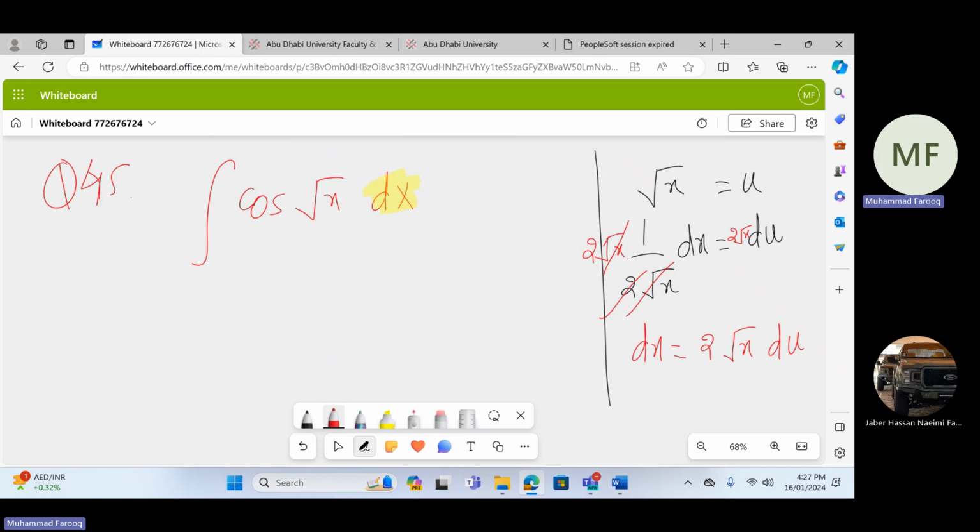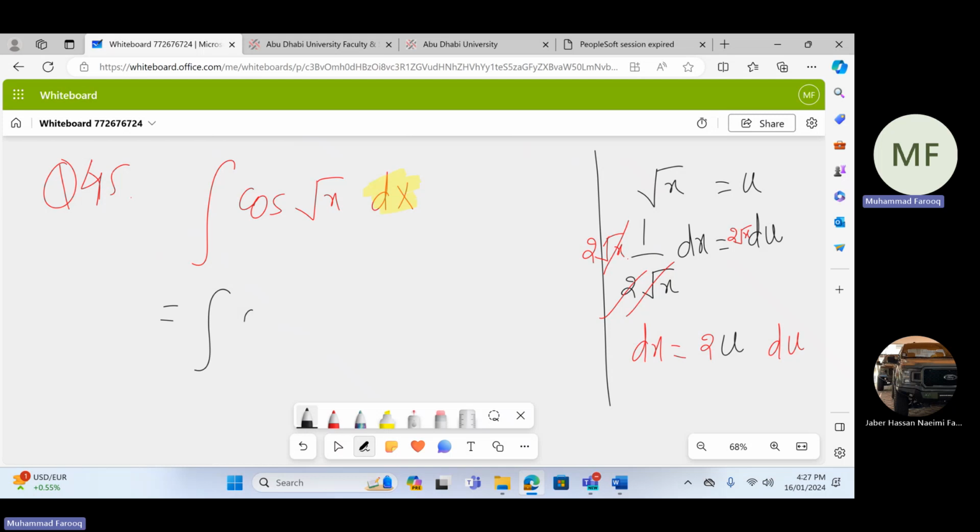What is root x equal to? u. Put it here. So the dx value is 2u du.